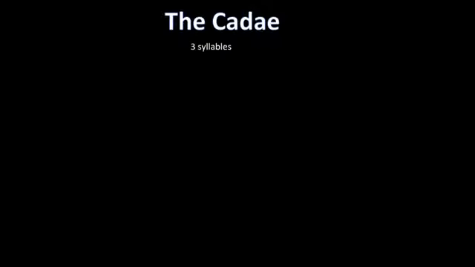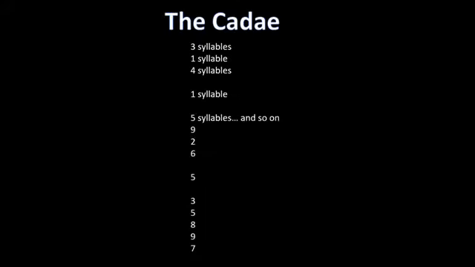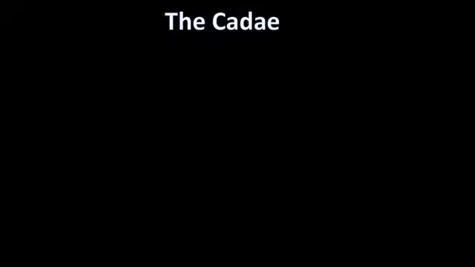So it would be 3 syllables, 1 syllable, 4 syllables, and then break to another stanza and have a 1-syllable line. Why? So you might try: we are here, now, learning a form.